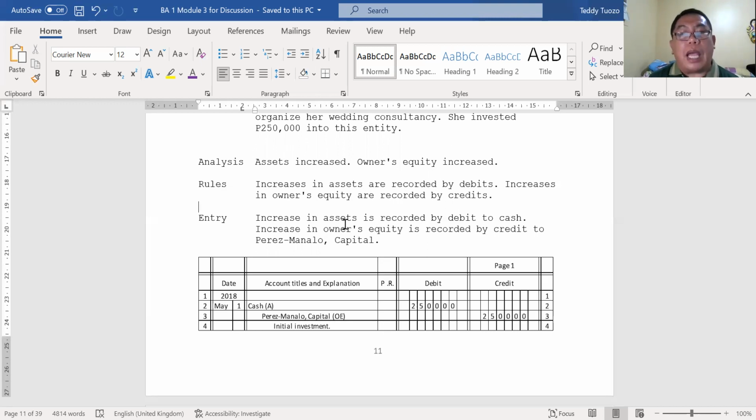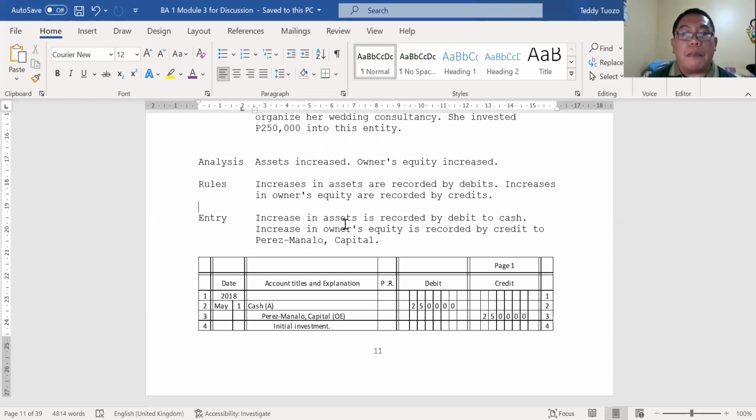Then at the same time, increases in owner's equity are recorded by credits, because in the accounting equation the capital account increases. Since it is an increase, the entry should also be a credit. So now we have a debit and a credit entry. The debit entry is cash and the credit entry is Perez Manalo, Capital.